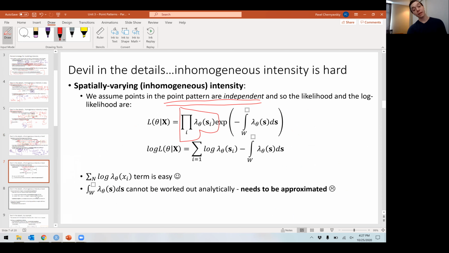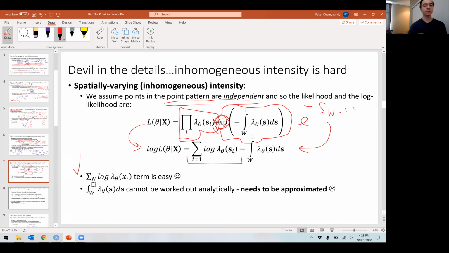And then we still have this intractable integral, which is counting up the volume of chocolate across our observation window. But when we take the natural log, products become sums, and exponentials go away. Powers come down. This is e to the negative, and then here is our integral. When I take the log of that, the power just comes down. So this first term really is simple. In R, you would just have a sum of something.